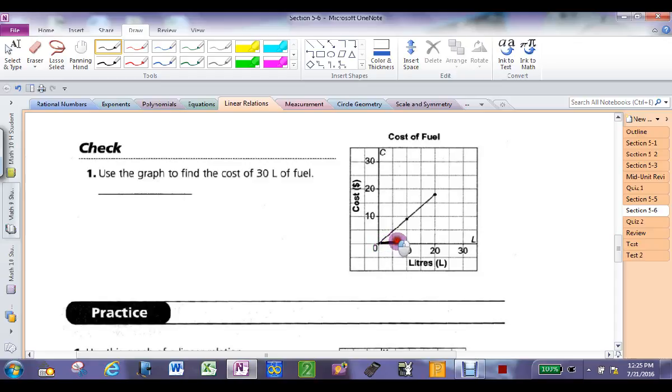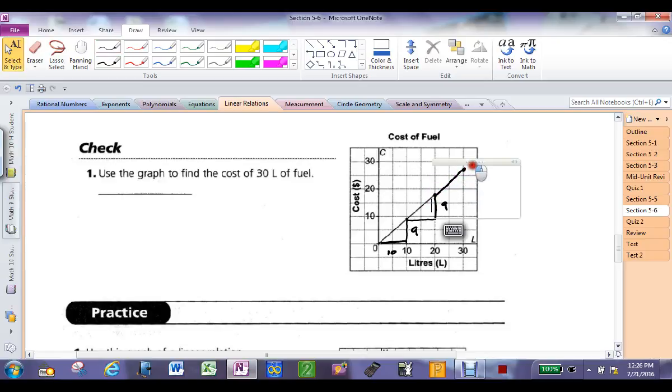I went this way, 10, and I went up just a little below 10, 9. Then I went this way, 10, and I went up about 9 again. So can I make that assumption? Out 10, up 9. And I can continue the line.